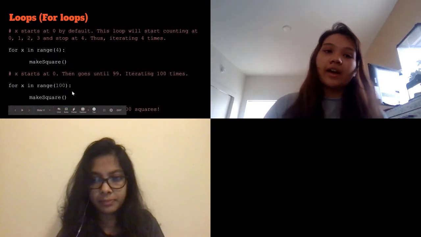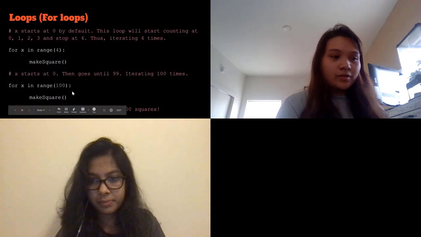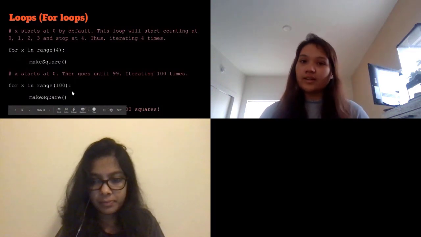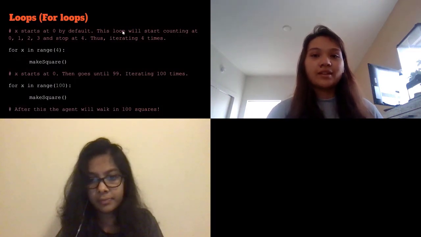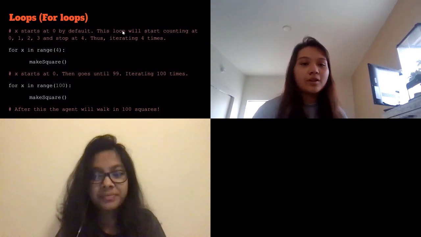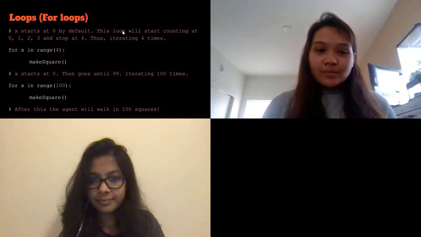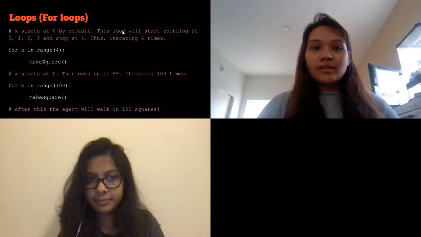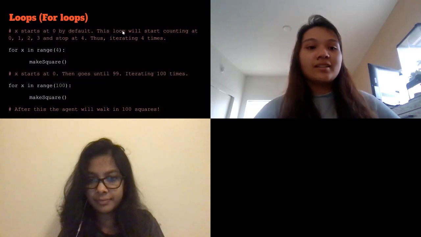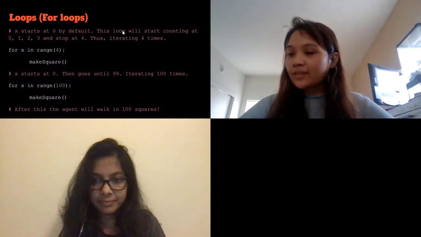So we have a specific number of times that we know it's going to repeat or iterate. Iterate basically means repeat. It's one repetition of a loop. So yeah, any questions about for loops? They do repeating, and you can specify the exact number of times that you want them to repeat.